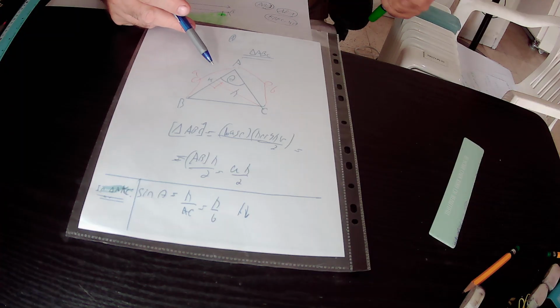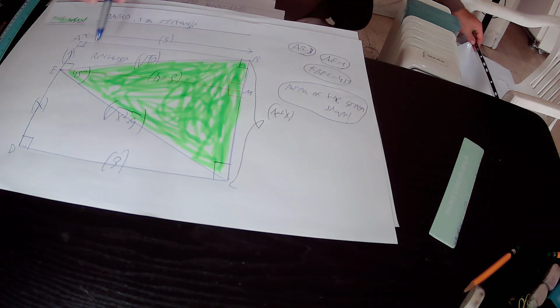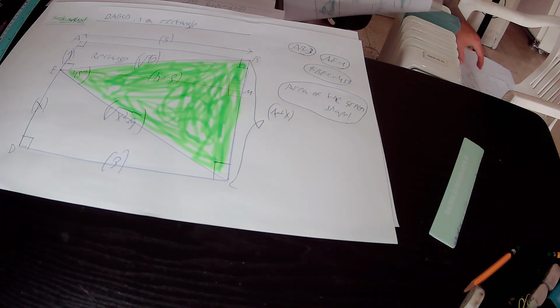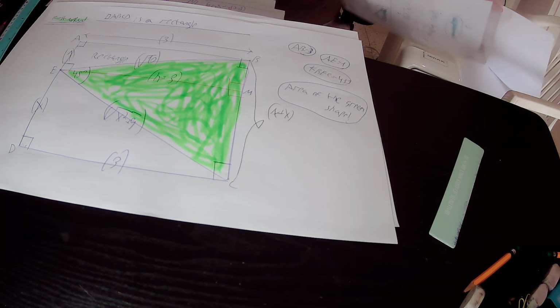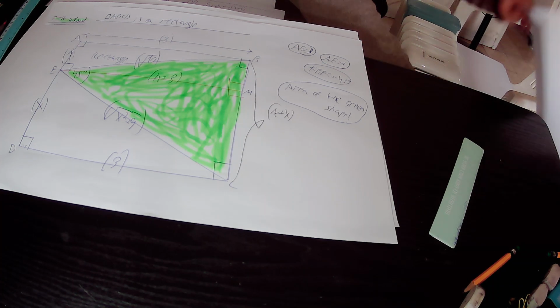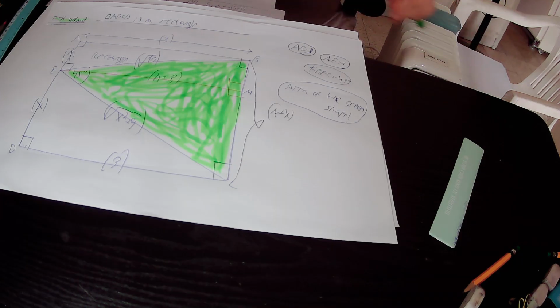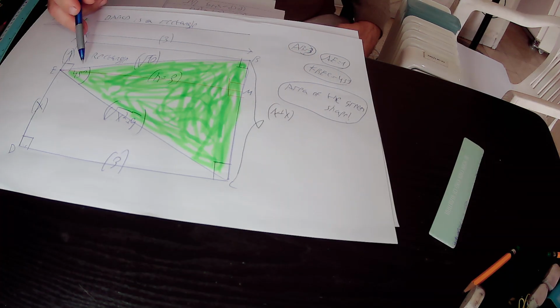Use the new formula in order to find the area of our triangle BEC. The area of this triangle BEC is equal to side BE times side EC times sine 45 degrees over 2.